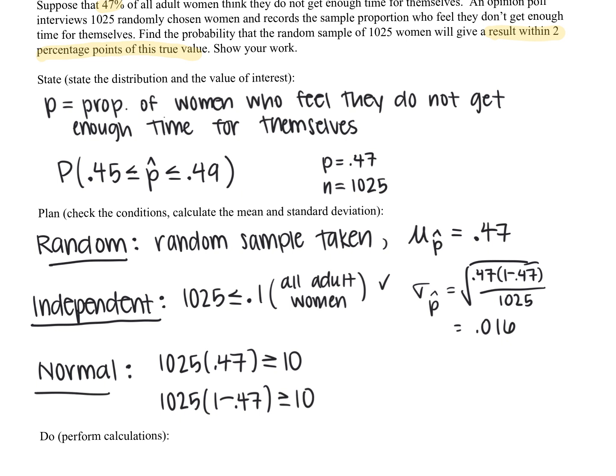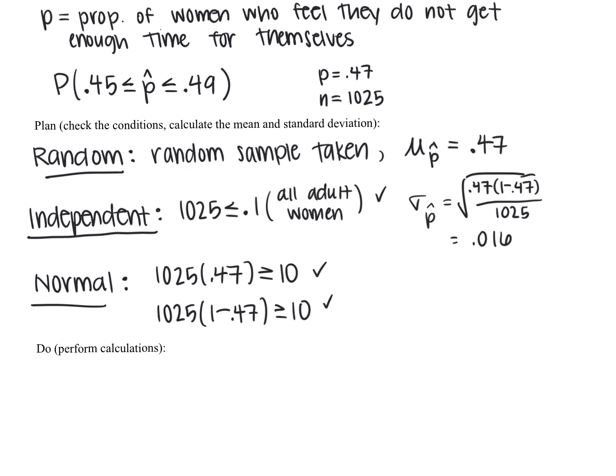So 1025 times 0.47 is 481 point something, so we're good there. And then 1025 times 1 minus 0.47 is 543 point something, so we're good there. So it is approximately normal. So all three of my conditions have been met, which means I can now calculate my probability.